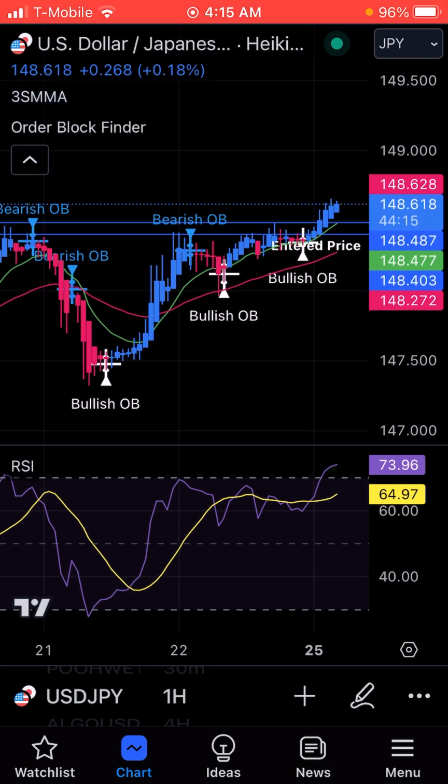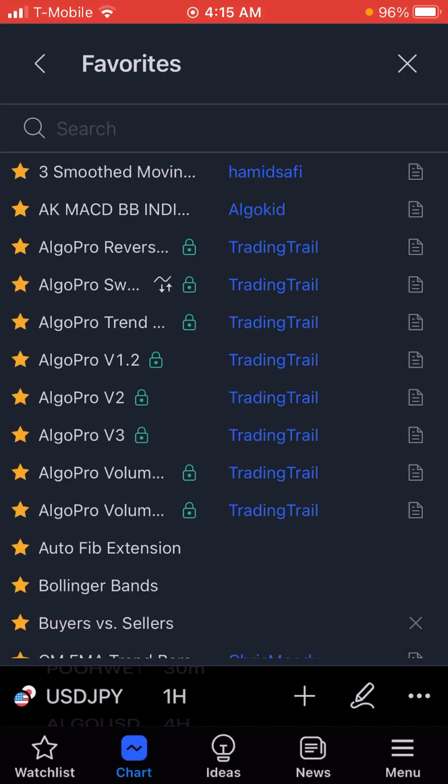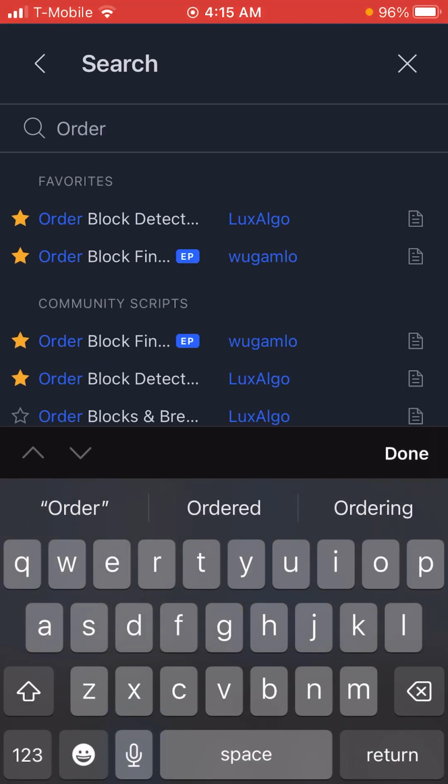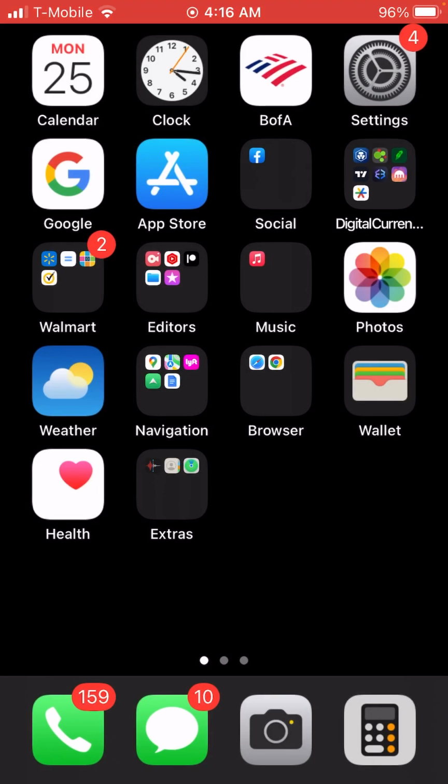I'll just show you how to get it, because there are certain settings you have to have. You just go to indicators and type in Order Block Finder by W.U. Gamlo. That's the one you have to get.